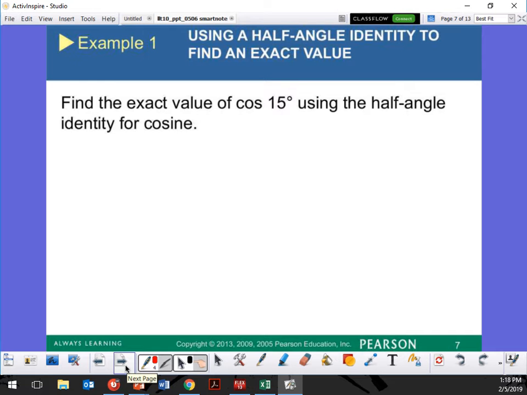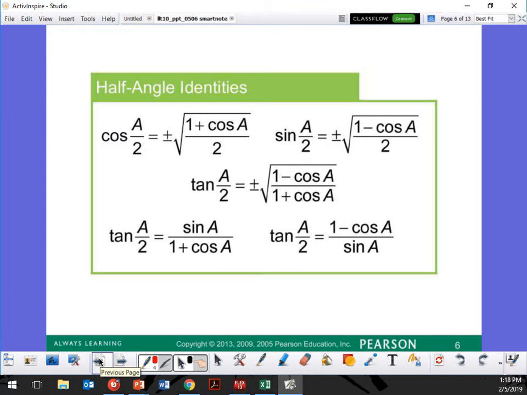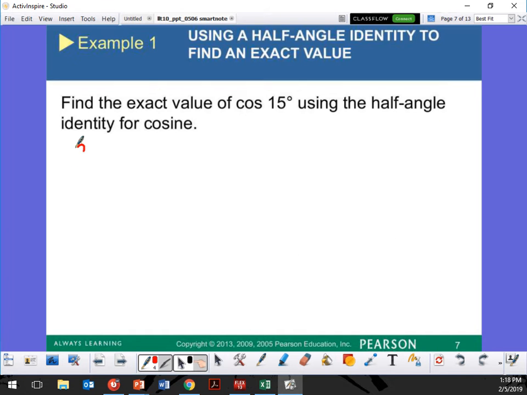Find the exact value of cosine 15 using the half angle identity for cosine. Okay, cosine 15. What over 2 is going to give me 15? 30.